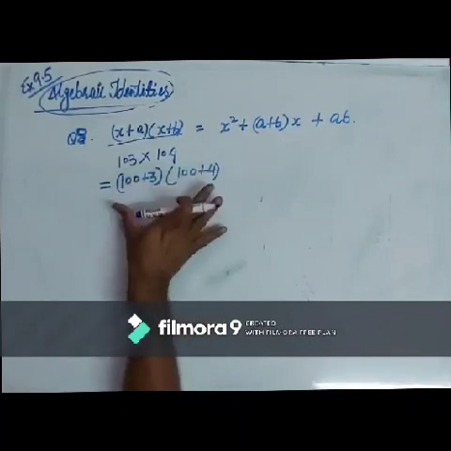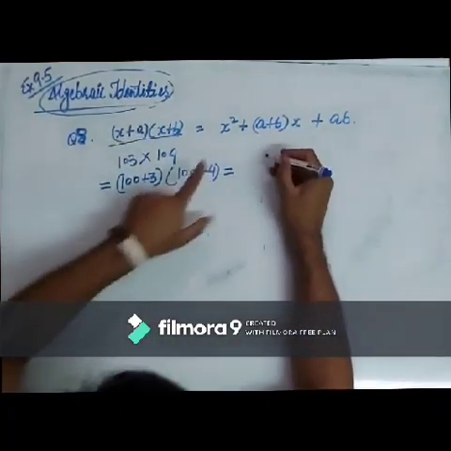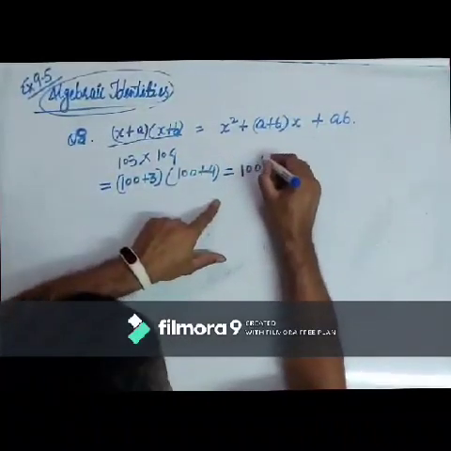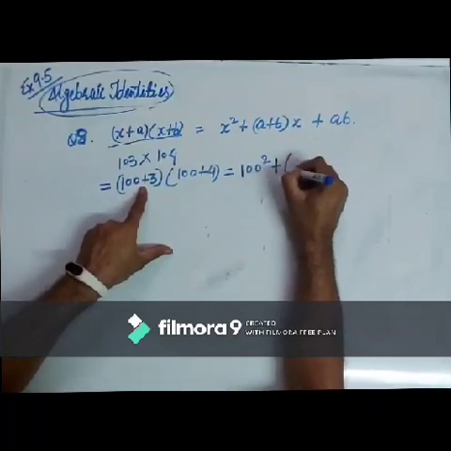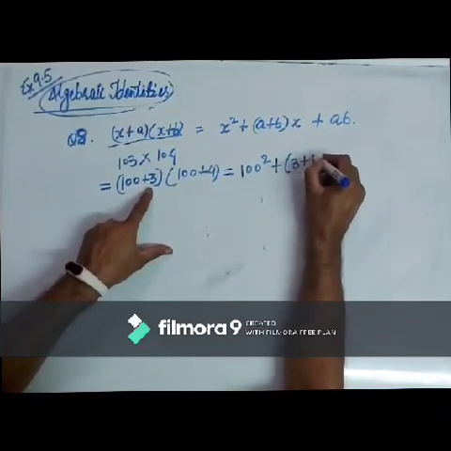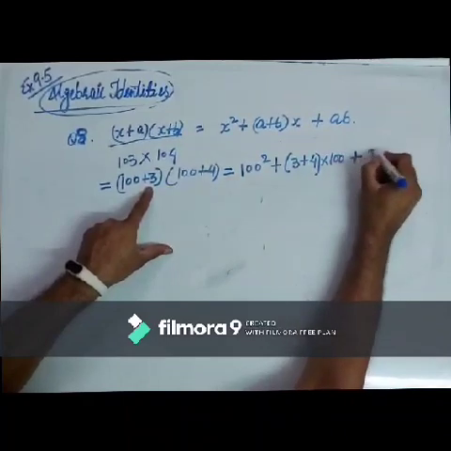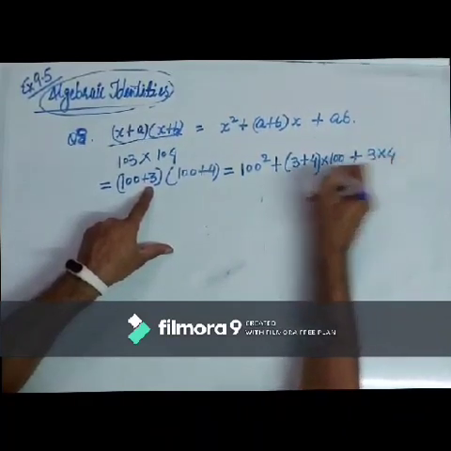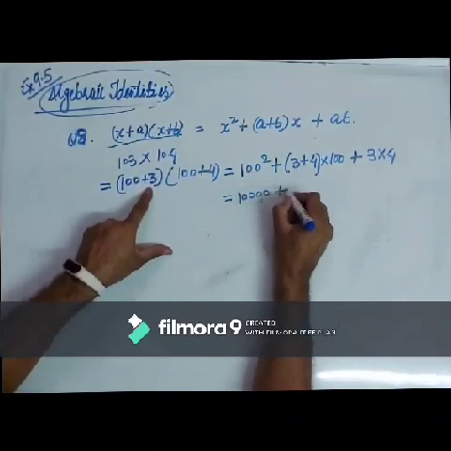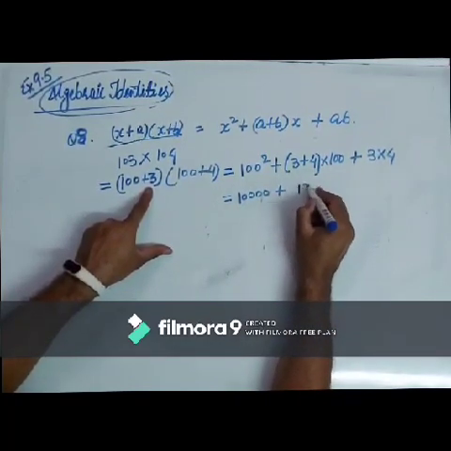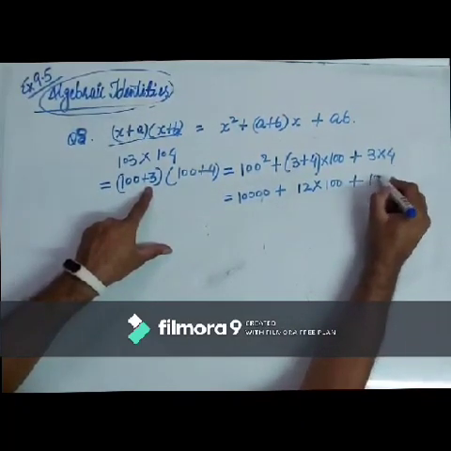So now it is resembling the identity, and copying the terms, I will write 100 square plus bracket start 3 plus 4 into 100 outside, plus 3 into 4, right? So this is equal to 10,000 plus 3 4s are 12, into 100, plus 12.